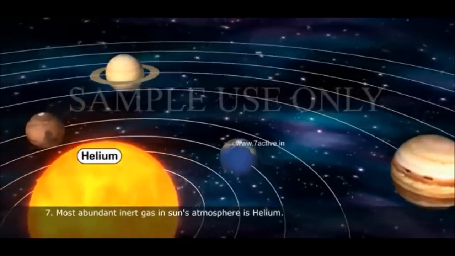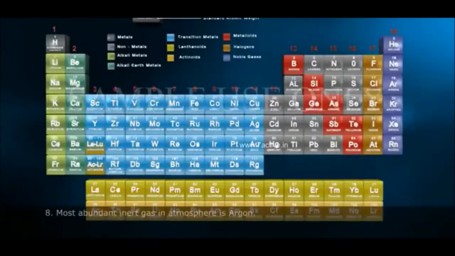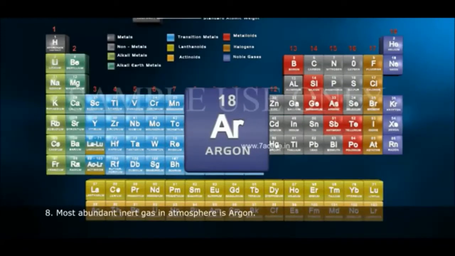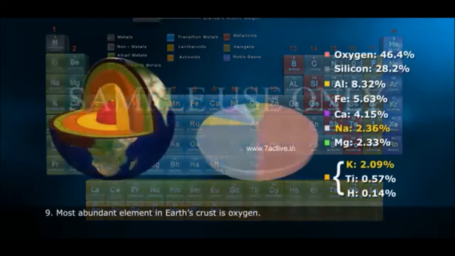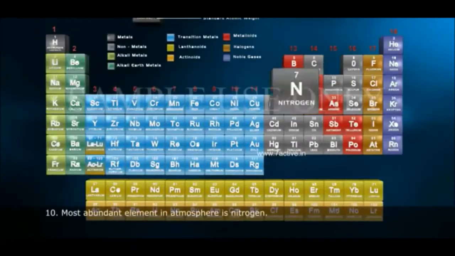Most abundant inert gas in Sun's atmosphere is helium. 8. Most abundant inert gas in atmosphere is argon. 9. Most abundant element in Earth crust is oxygen.